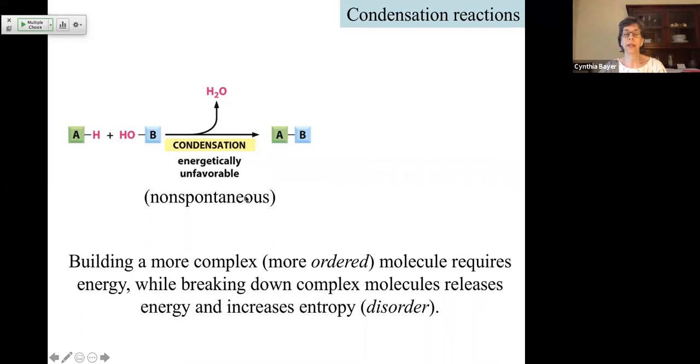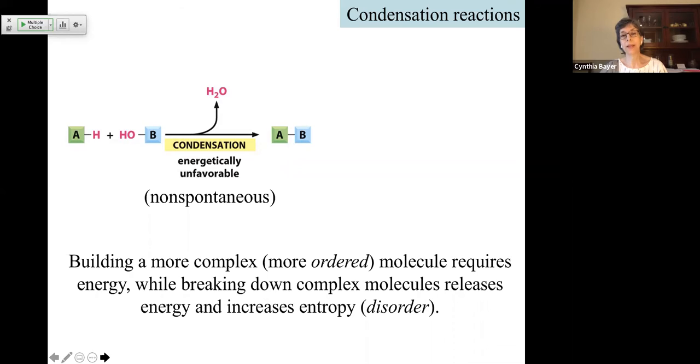It's non-spontaneous. The cell must be able to provide an energy source in order to join two subunits to form a polymer, right? And to add another unit and another unit. So building a more complex, a more ordered molecule is going to require energy, this condensation reaction.